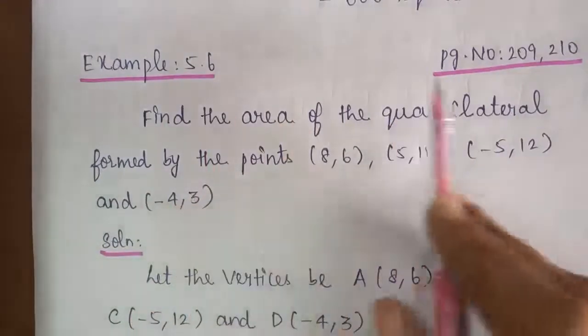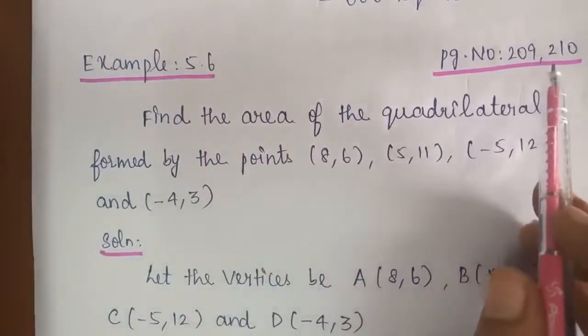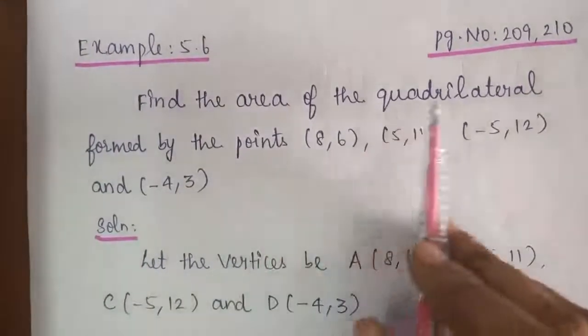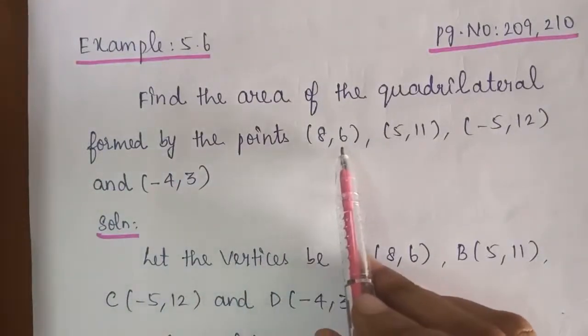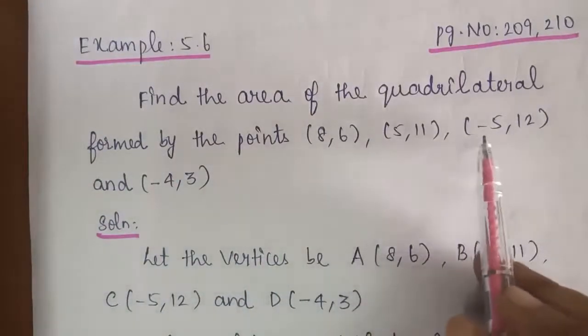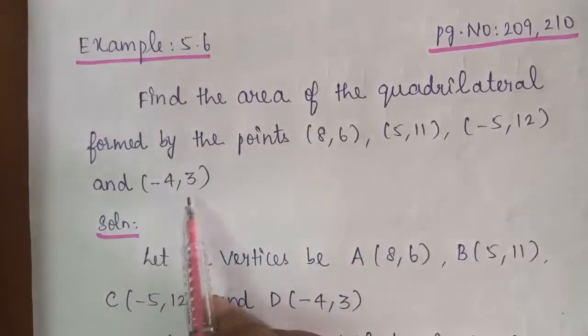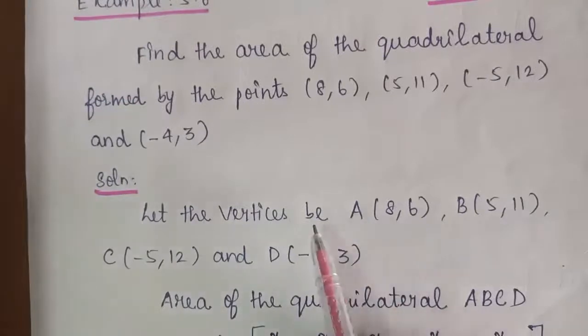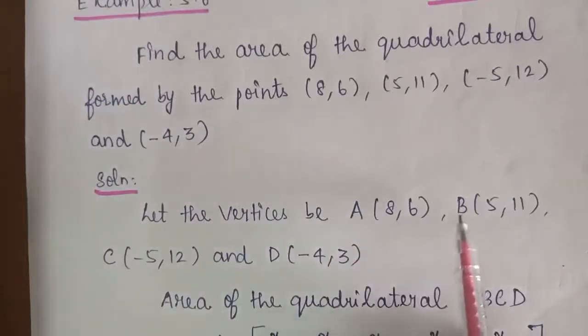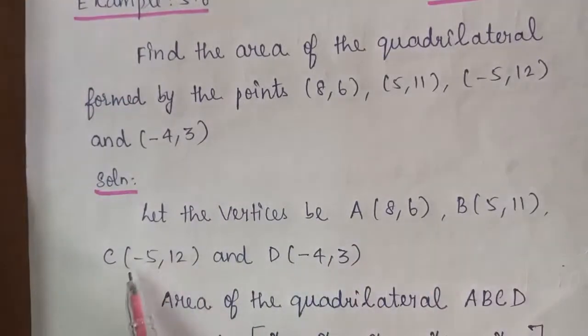Example 5.6, which is on page number 209, 210. Find the area of a quadrilateral formed by the points (8, 6), (5, 11), (minus 5, 12) and (minus 4, 3). So solution: let the vertices be A of (8, 6), B of (5, 11), C of (minus 5, 12) and D of (minus 4, 3).